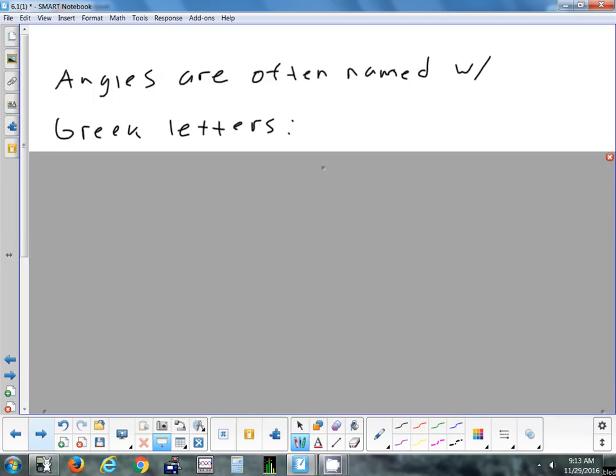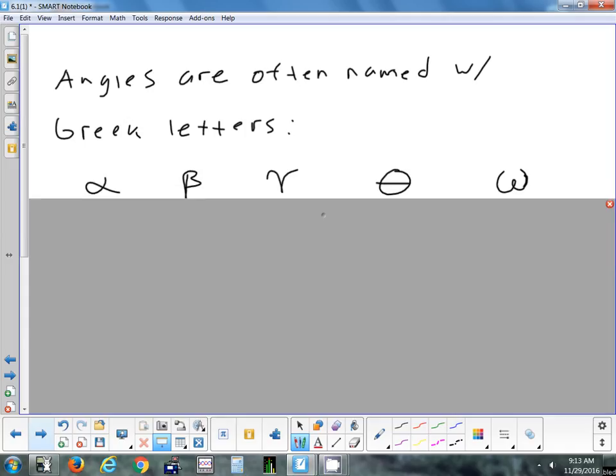When we name angles in trig, a lot of times they use a Greek letter. Just like in algebra, you use x a lot, well, we use these letters a lot. We're not going to use all of these today, but you will see all of these between now and the end of chapter 8. Does anybody know the name of this first Greek letter?